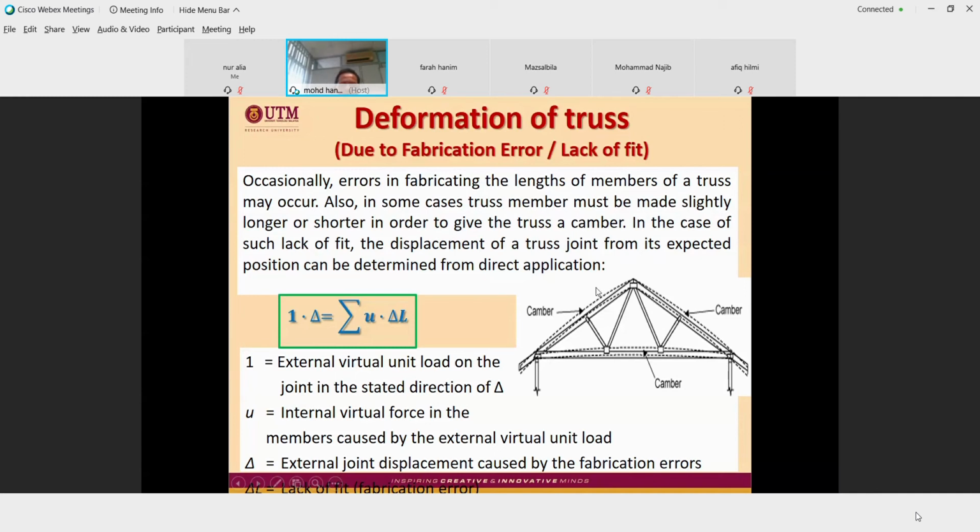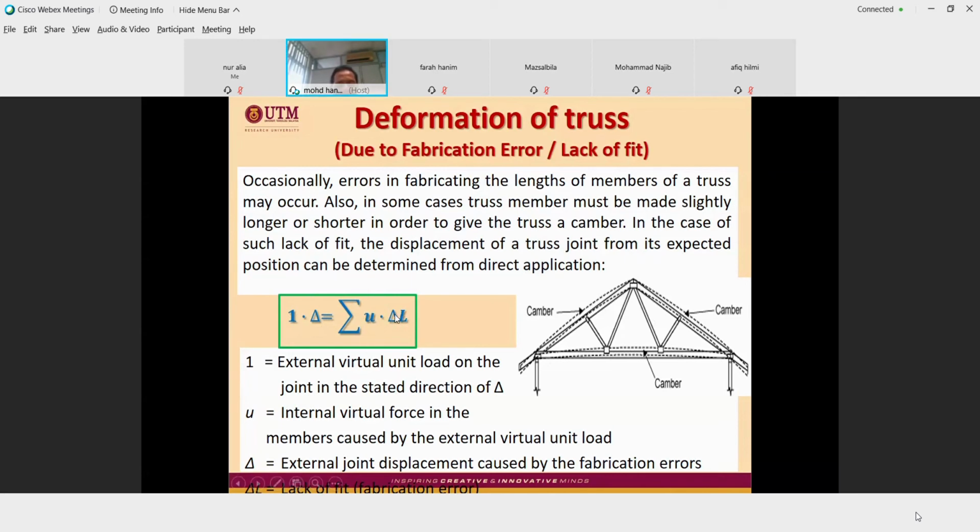Okay. So the displacement of a truss joint from its expected position can be determined from direct application: 1 multiplied by delta equals the sum of U delta L. What is this?